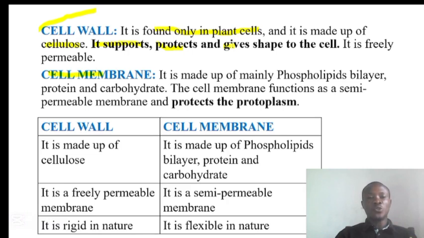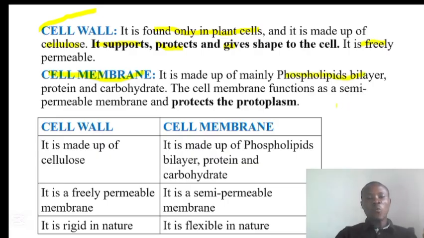That is their function. The cell wall is freely permeable. That means it allows substances to pass through it. It doesn't select. Next we have the cell membrane. The cell membrane is made up of a phospholipid bilayer.